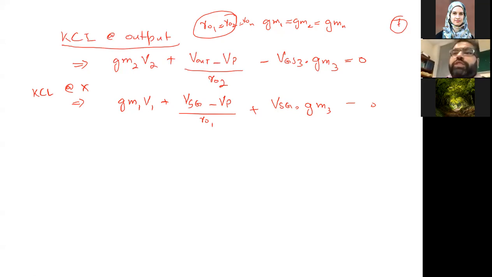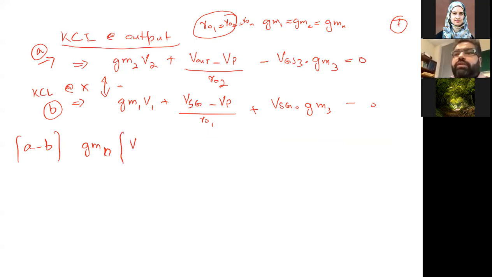So if we subtract these two, calling this A and this is B, I'm writing A minus B. So it will be GMN, I'm writing V1 minus V2.